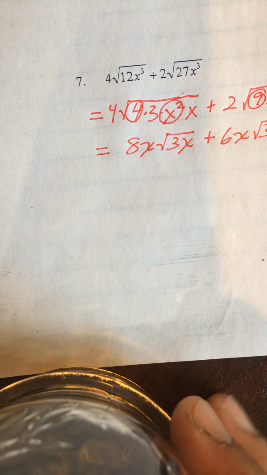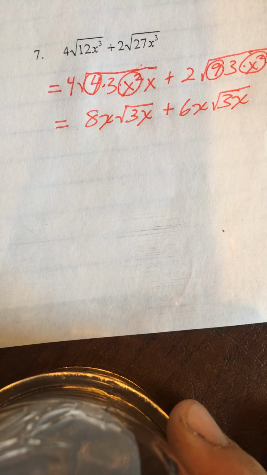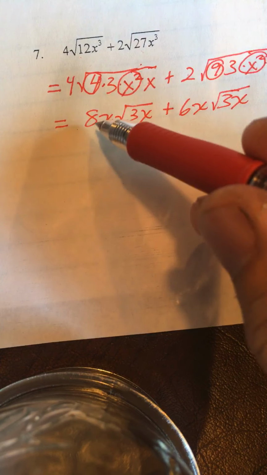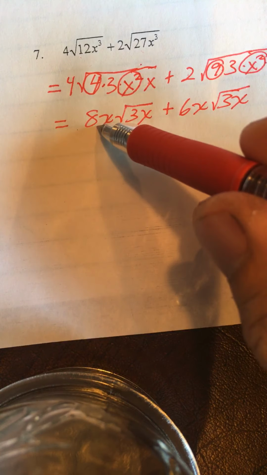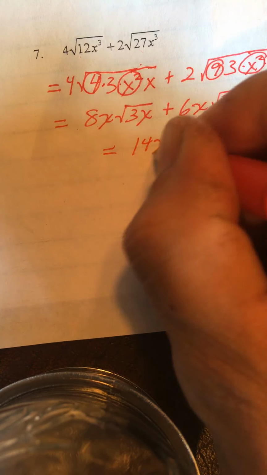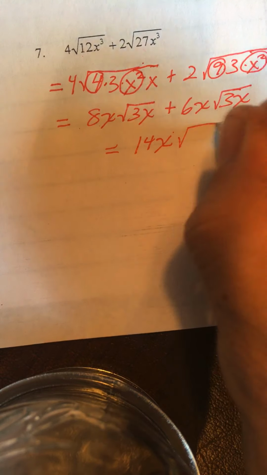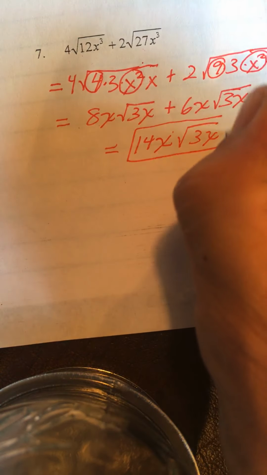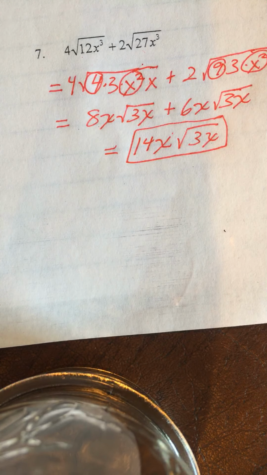And now we can see that the radicands are the same. So the rule is we're going to add everything out front. 8x plus 6x is 14x. And then we're going to keep what's inside the house. And we are done.